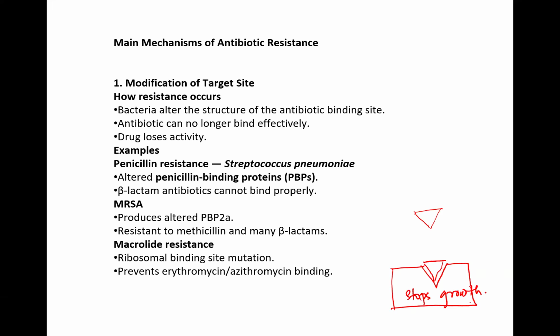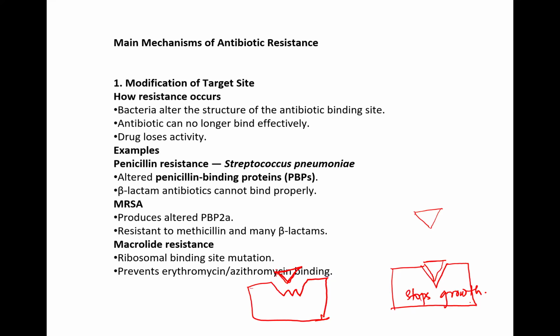So what will the bacteria do? They will alter the antibiotic binding site. So where can the antibiotic bind? No more binding takes place. So the antibiotic can no longer bind effectively. The drug is completely losing its activity.